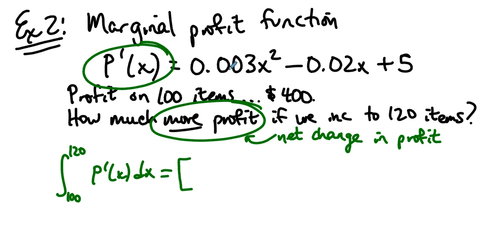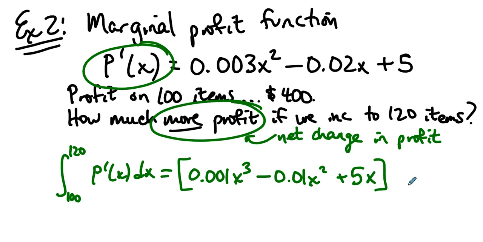Well, we'll need some sort of antiderivative on this, evaluated between 100 and 120. So we would substitute the 120, substitute the 100, and subtract the answers.